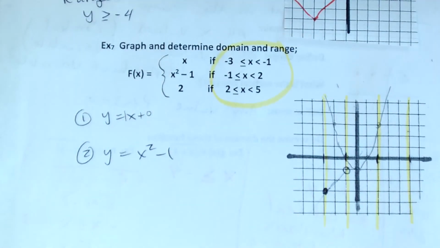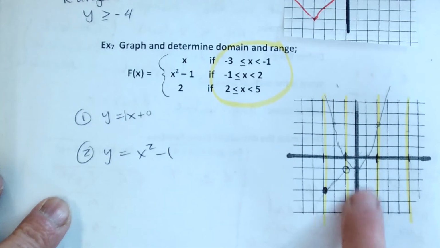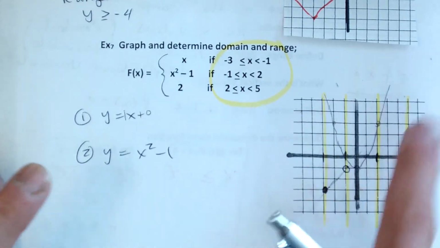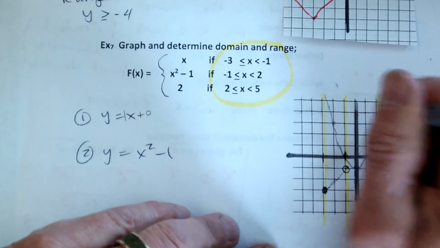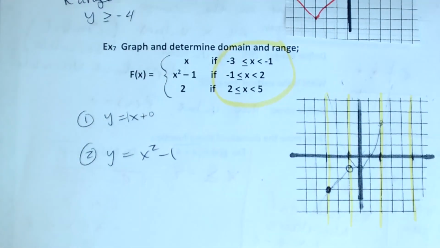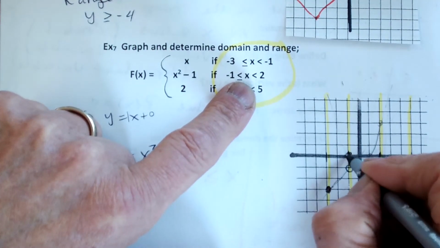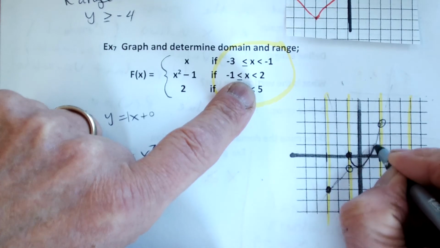Except, of course, I only want this parabola between -1 and 2, so I only want it in this region here. So I don't need these other regions at all. So I'm going to erase this part here. It only exists there. So I'm going to go ahead and put a solid dot here and an open dot here. Okay.